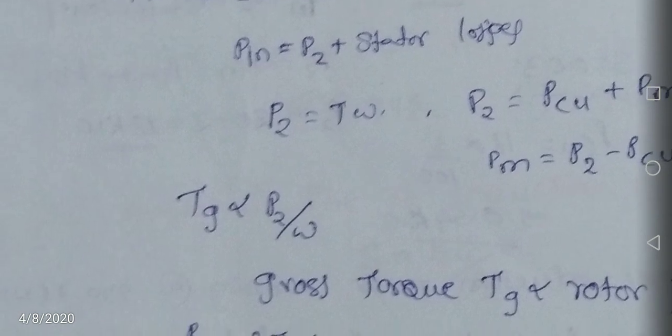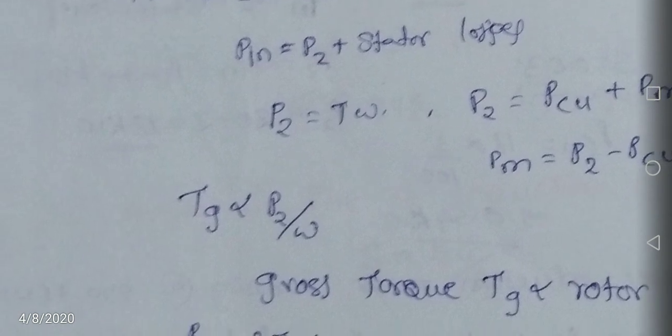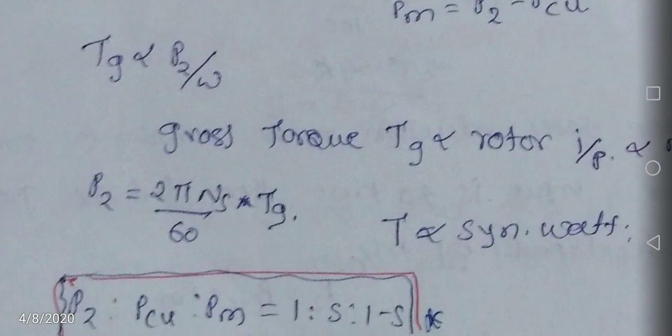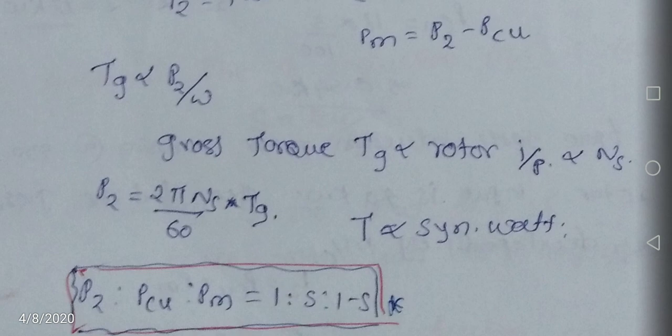Now coming to T equals P2 by omega, the gross torque T is proportional to P2 by omega. We should remember that the torque developed by the rotor is proportional to the rotor input.